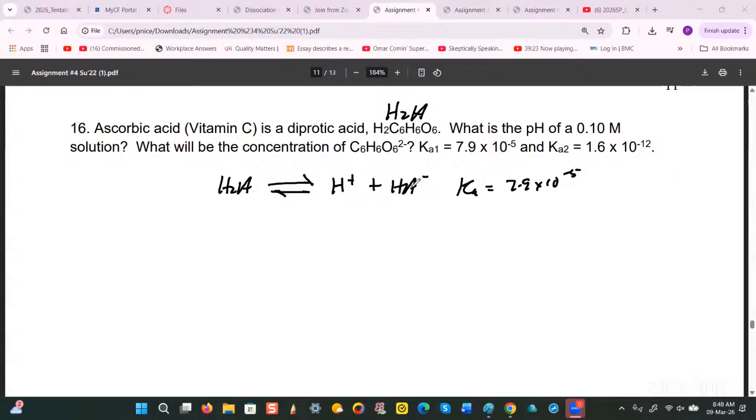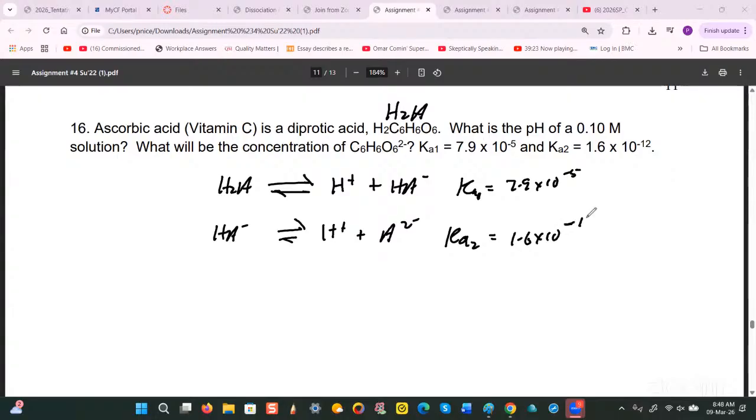And then this HA minus will itself react to form H plus and A2 minus, right? So this is Ka1 for the first dissociation, and the Ka2 for the second dissociation is 1.6 times 10 to the minus 12, right?